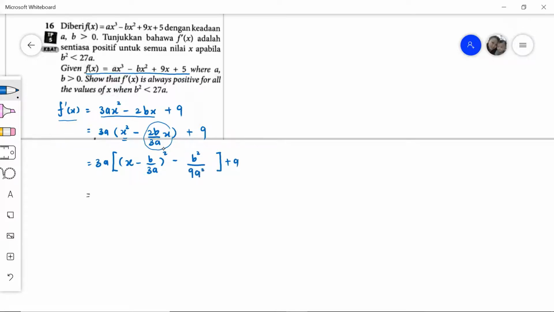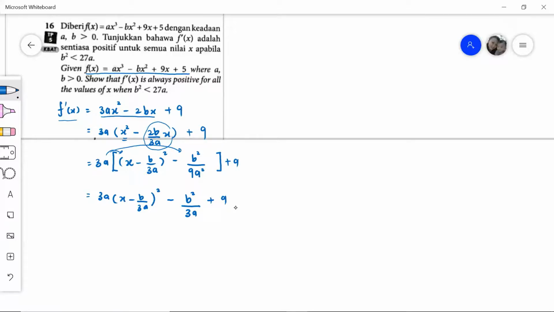Once we have done that, we open up the square bracket. So we have 3a times (x minus b over 3a) squared, and then bring the 3a into the second term, so we have minus b squared over 3a, since we factorize the 3a with the 9a squared, plus 9.